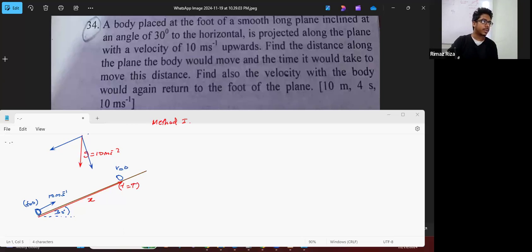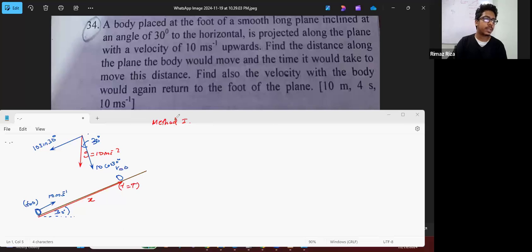So g is a vector, and we know vectors can be resolved. Here this component is 10 cos 30, because this angle is 30, which means this angle also will be 30 degrees. So this is 10 cos 30, and this is 10 sine 30.